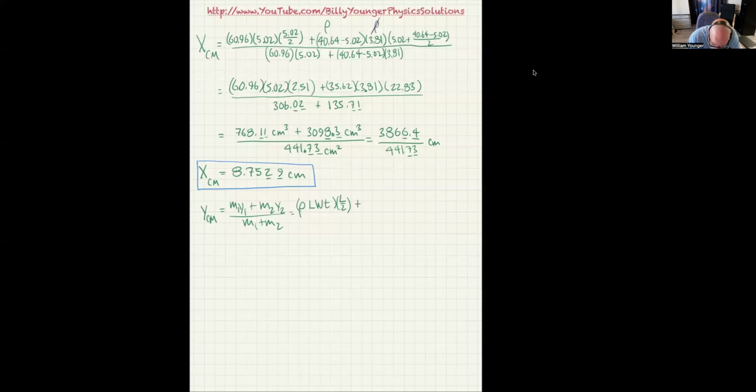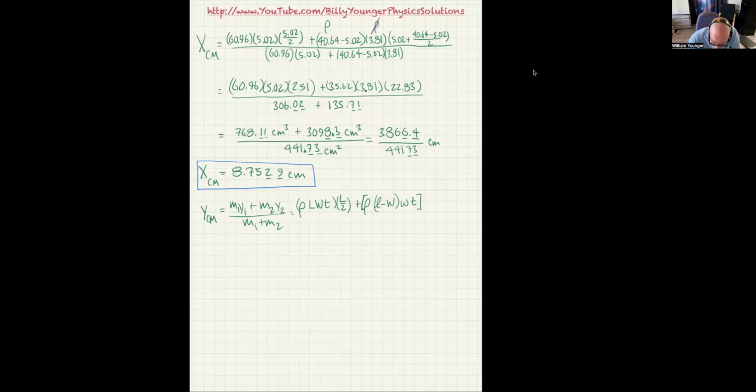Now the mass 2 is going to be the density of the square again, which is just plain rho, times the area and then times the thickness of the other rectangle. Well, the other rectangle has a width that is L minus capital W, and then it has a height that is omega, and then it has a thickness that is T. So I'm going to put this in square brackets to represent M2.